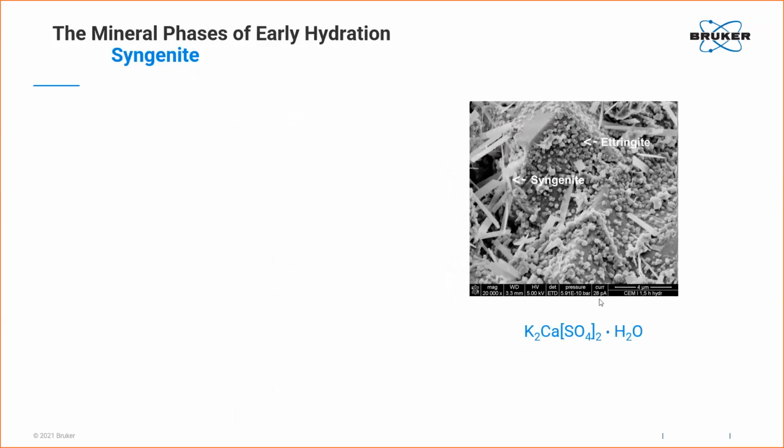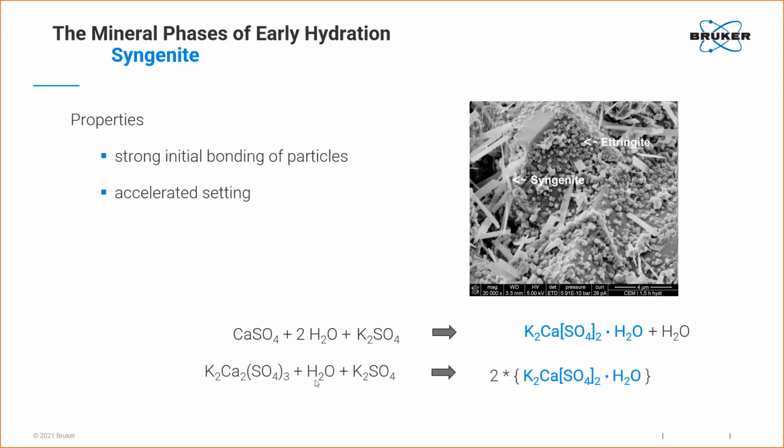The formula of syngenite we see here. So this is a potassium calcium sulfate hydrate. And to get syngenite, there are a couple different reactions possible which can lead to syngenite. So for example, when we have available SO3, form of calcium sulfate, of course some water, and arcanite, which is an alkali sulfate. But there can be much more possibilities. So for example, the reaction of calcium langbeinite with water and arcanite can also lead to the formation of syngenite.